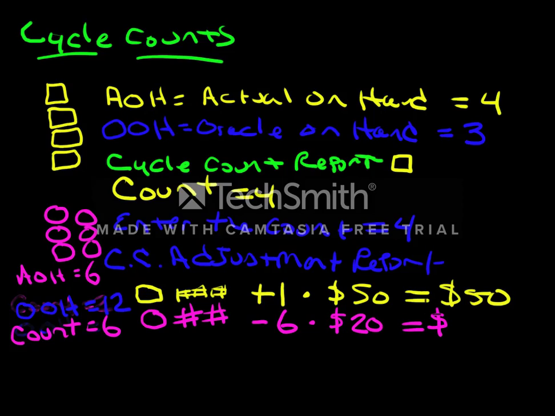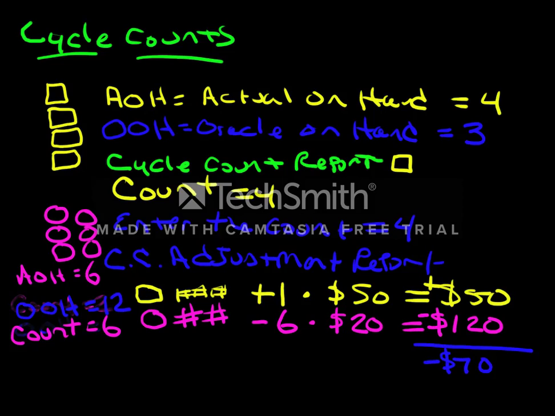So we're subtracting $120 in those parts. Over here, this was a positive $50, and this is a negative. So Oracle is going to say that the result is that we have negative $70 in those parts. We added some here and subtracted some there, so we have negative 70.